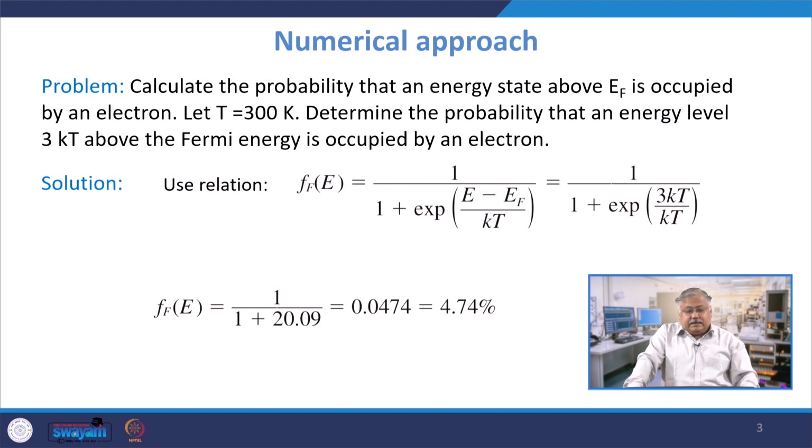The question asks for 3 kT above the Fermi level, which means E minus EF will be equal to 3 kT, and if you solve it, this will be exponential 3, and you will get some value as 4.74, which means that at 300 Kelvin approximately 5% of energy states above the Fermi level will always be occupied. So this is one methodology by which, at the same temperature, the probability of finding an electron beyond this can be found out.